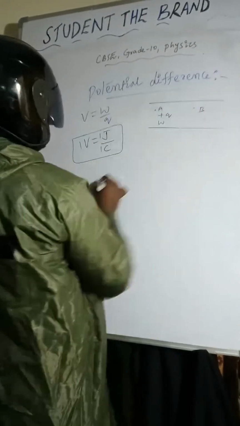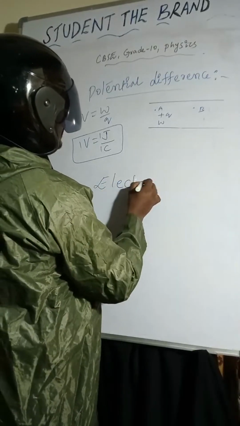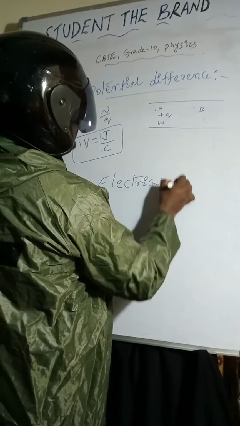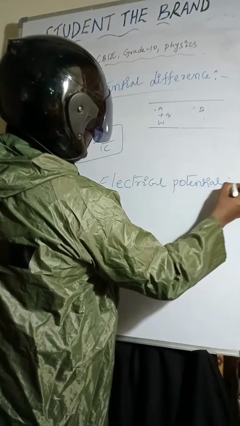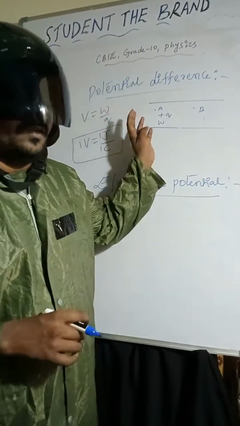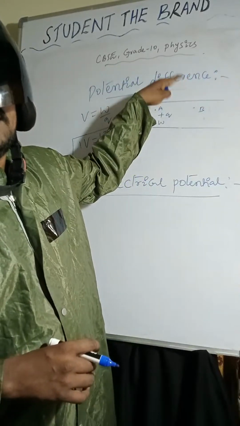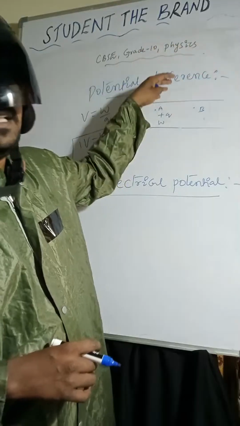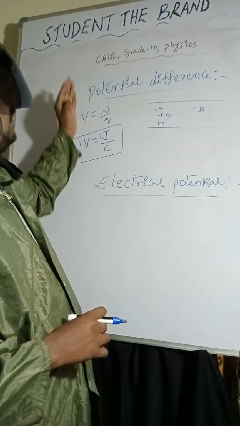Nothing else, a similar one only, but a small difference. Potential difference means work done to bring unit positive charge from one point to another point within the conductor. V equal to W by Q.